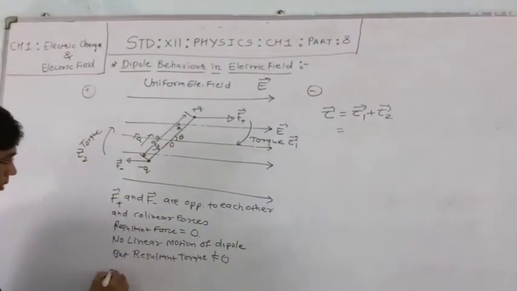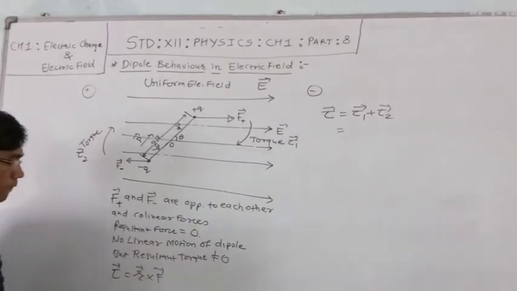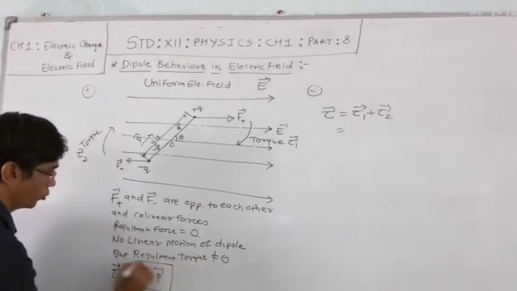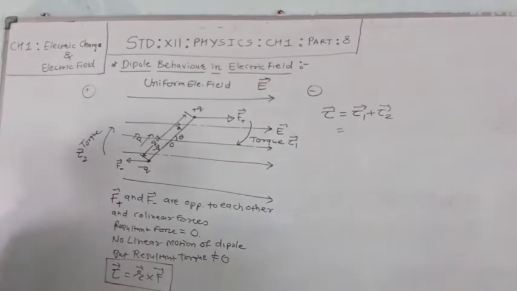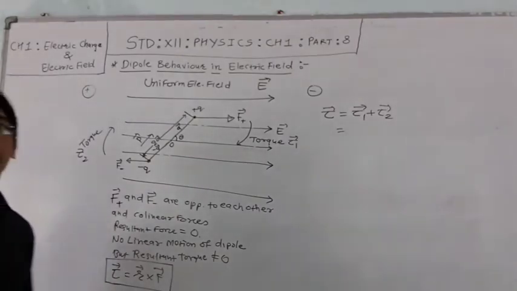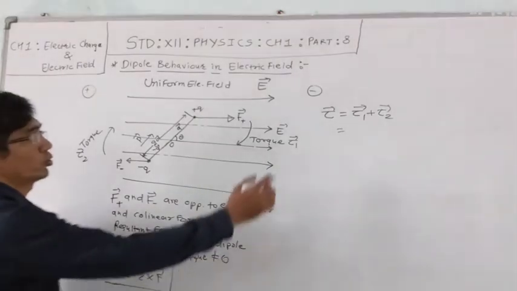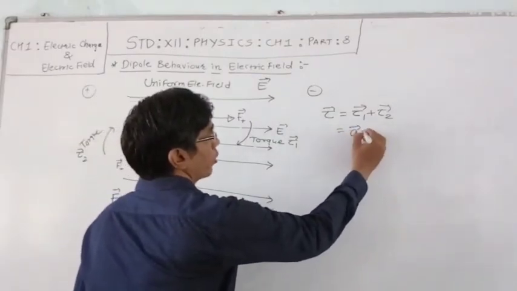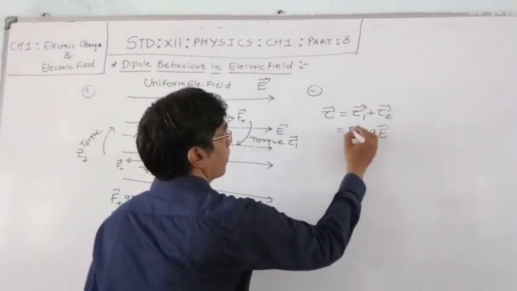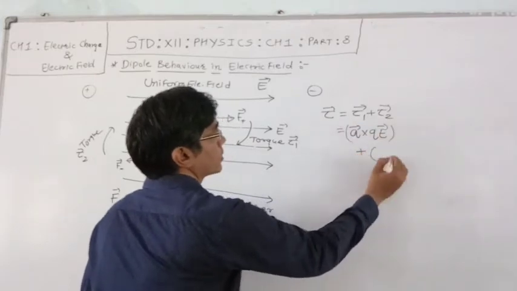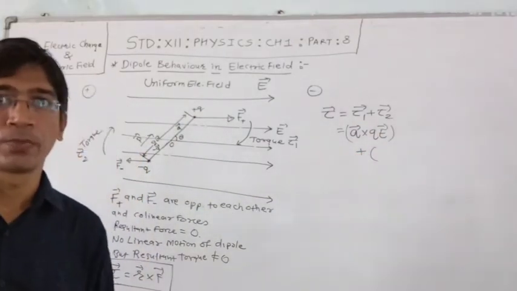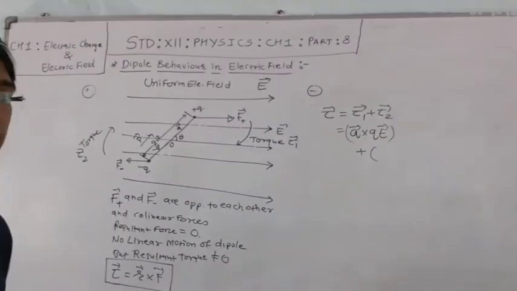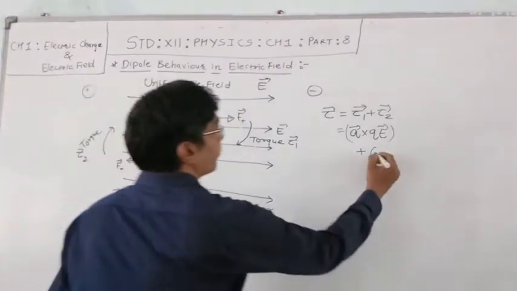Torque is given by r cross F, the cross product of the position vector and the force. Applying this, torque 1 is a cross qE, plus torque 2 is given by minus a cross minus qE.